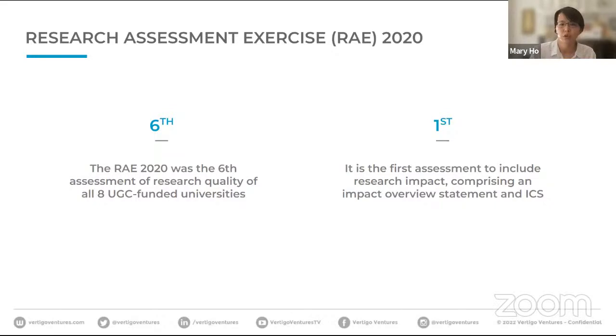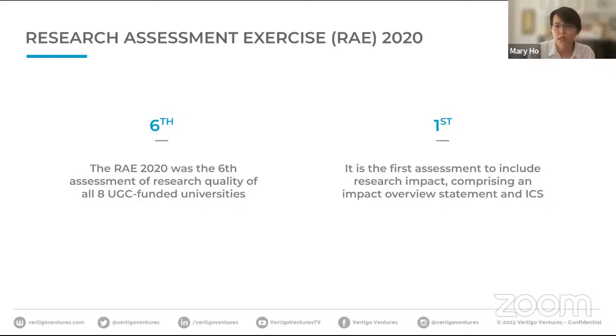The RAE 2020 marks the 6th assessment of the research quality of all 8 UGC-funded universities in Hong Kong, using international benchmarks to delineate their areas of relative strength and make recommendations for further improvements. Each of these local universities was required to provide data on respective staff, research outputs, impact, and environment corresponding to respective units of assessment.